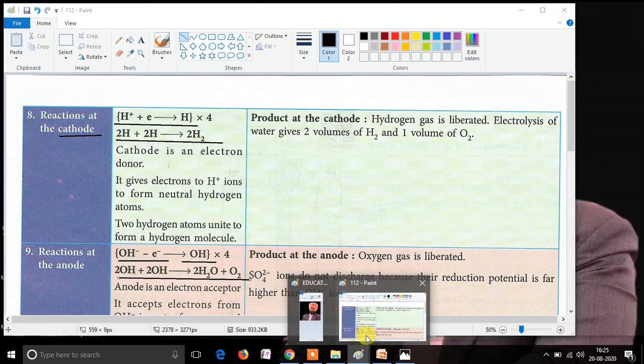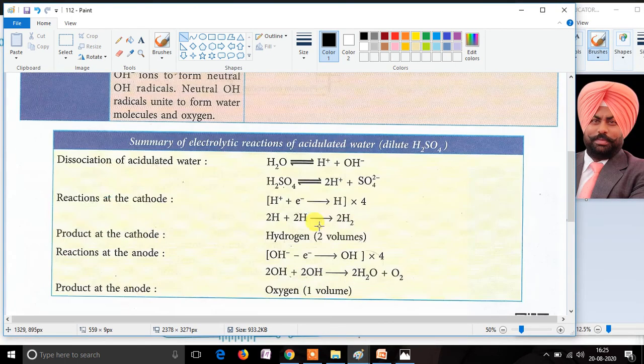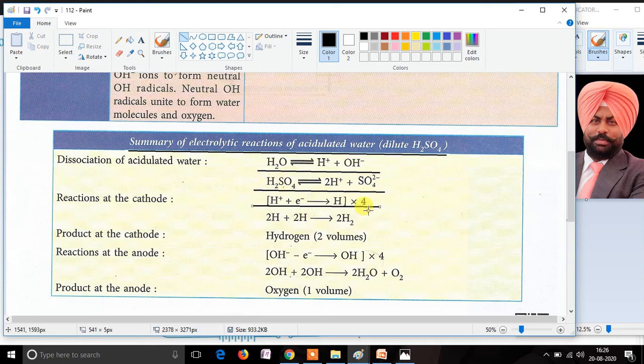Moving on further, let's see the summary of the electrolysis of acidulated water. Here we can see that water and sulfuric acid both will form the ions. The ions of water are in excess than sulfuric acid. Therefore, hydrogen ions will migrate towards cathode and form hydrogen gas at cathode, while hydroxide ions are more in concentration than sulfate ions.